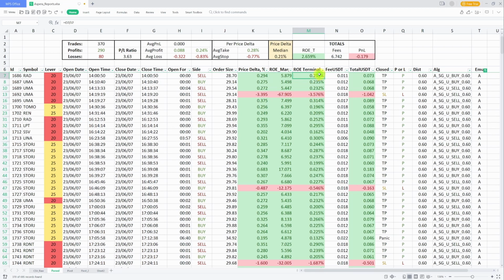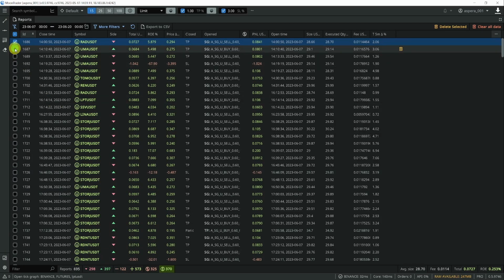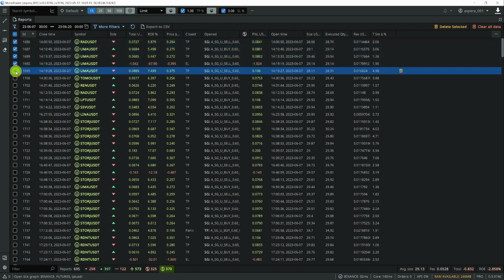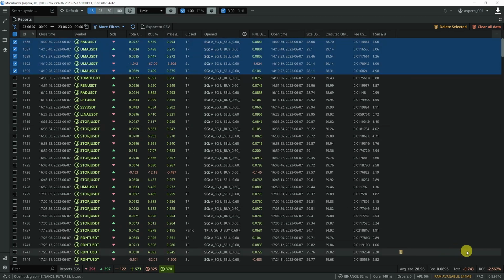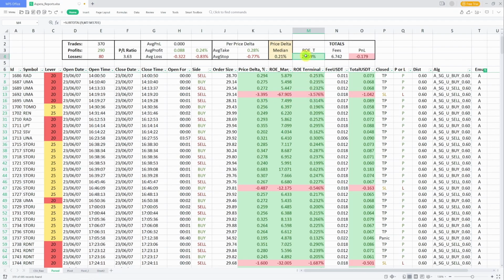But if I were to select, let's say 5 of them, 1, 2, 3, 4, 5, at the bottom we get minus 2,542. All right, here 1, 2, 3, 4, 5, we get minus 2.567. We already have 5 trades, and the difference is already noticeable. Imagine what would happen if you have 360. Well, you don't have to imagine, this is what we have right here.